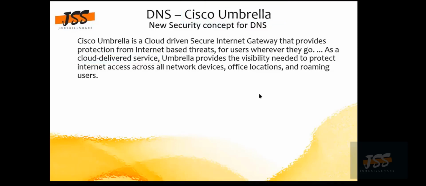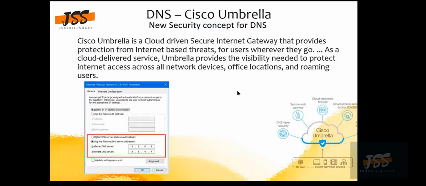So the old method was that we were just putting the DNS information like the Google 8.8.8.8. This time Cisco took one step further and introduced the concept of Cisco Umbrella.